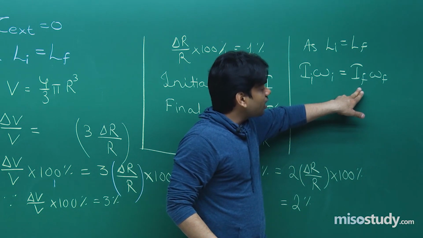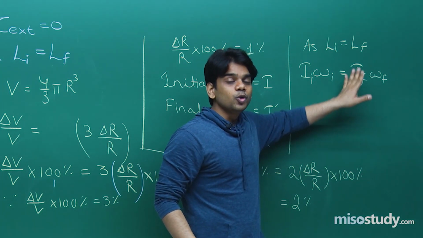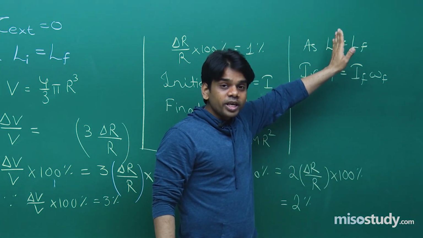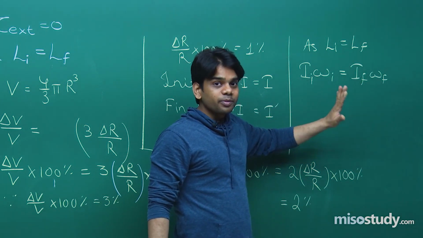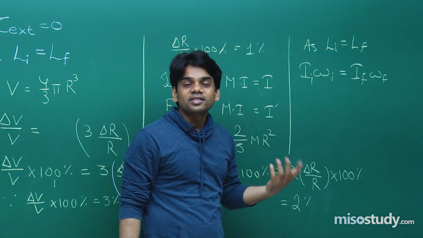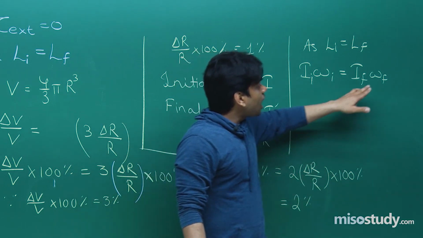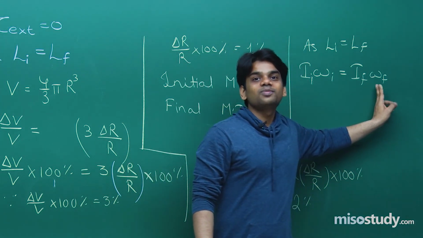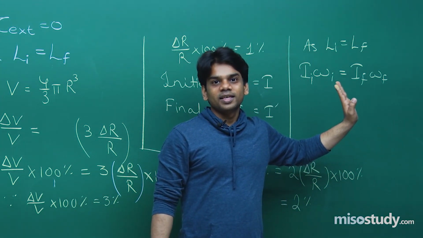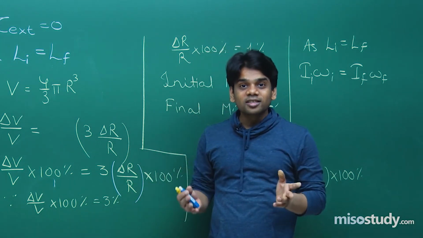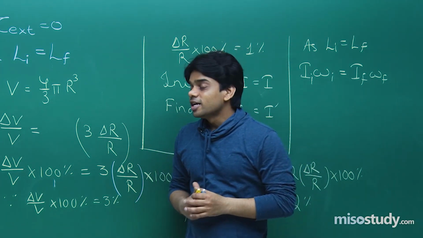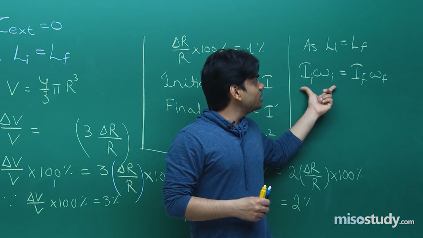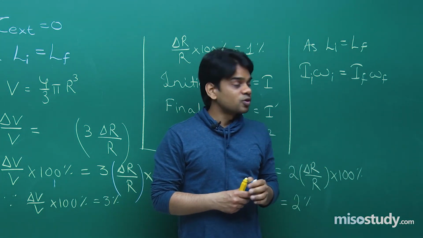Moment of inertia has risen by 2%. To keep the value constant, because the angular momentum remains conserved, angular velocity has to decrease by 2%. That means there will be a reduction in the angular velocity by 2%.